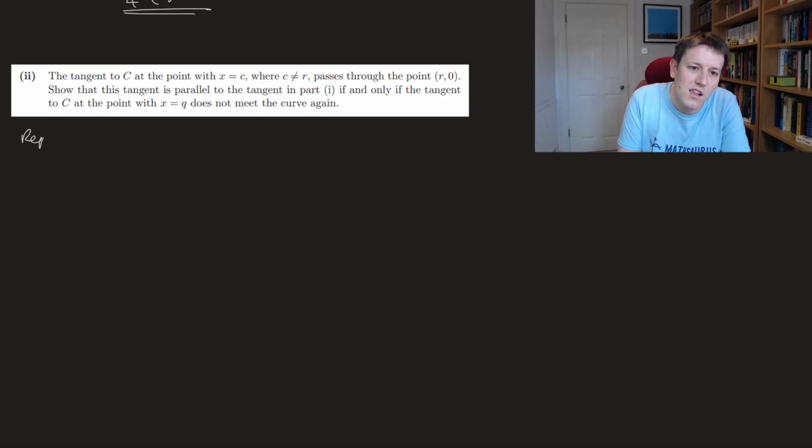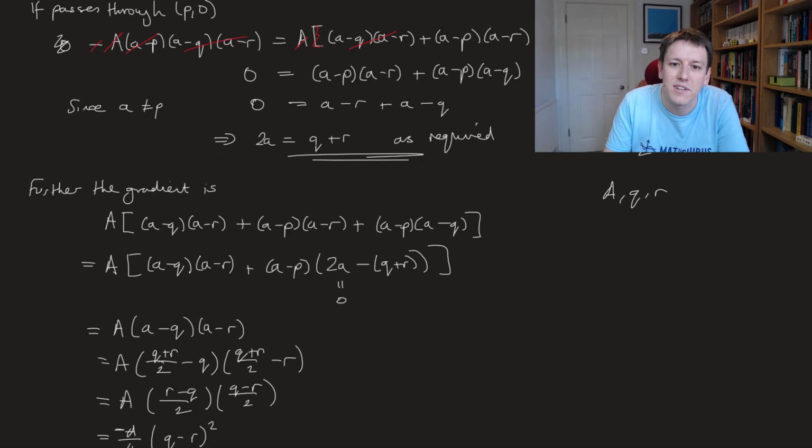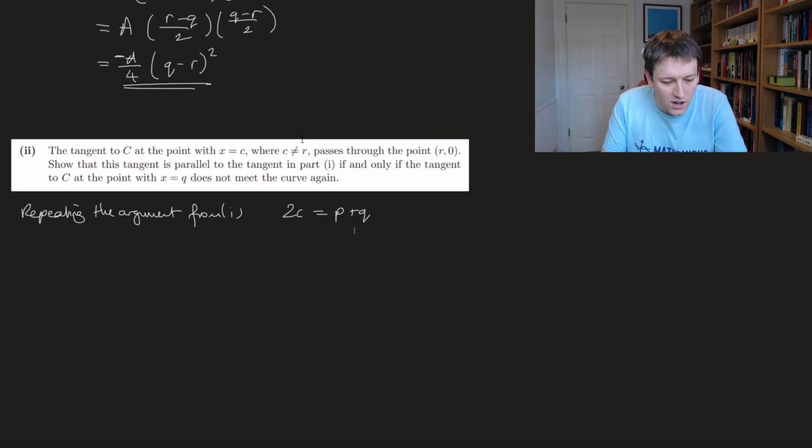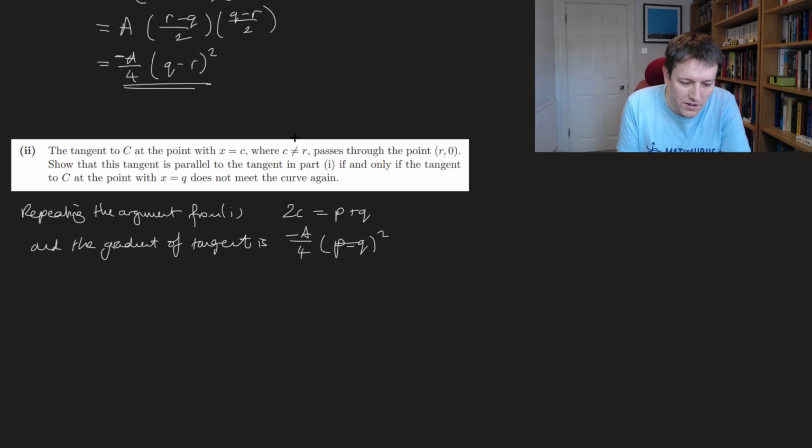Okay, so we can just say, repeating the argument from part 1, we're going to know immediately that 2c equals p plus q, right? That's just exactly the equivalent statement of 2a equals q plus r. And further, the gradient of the tangent here is just going to be minus a over 4 times p minus q squared, right?